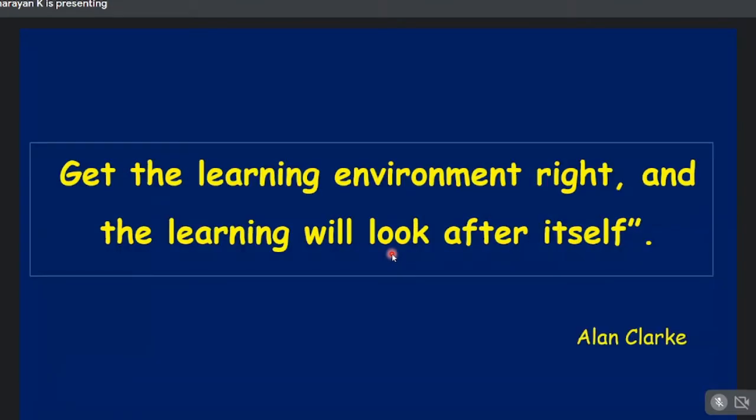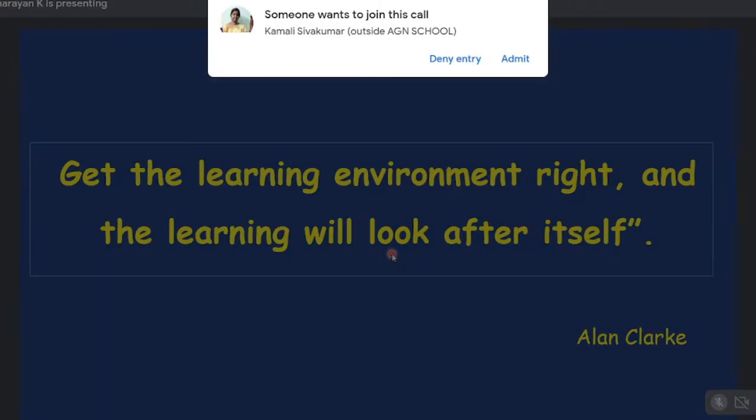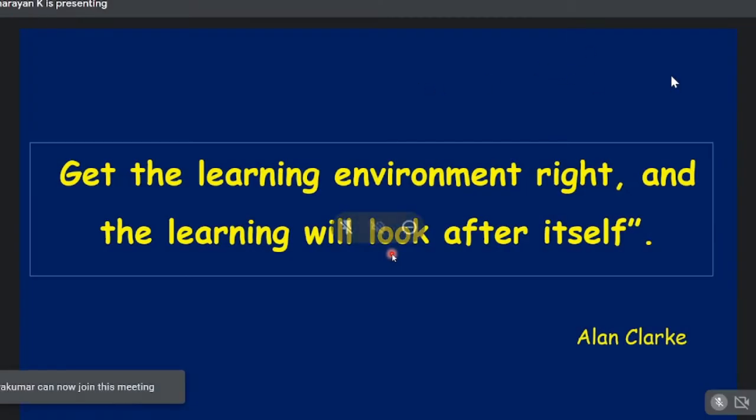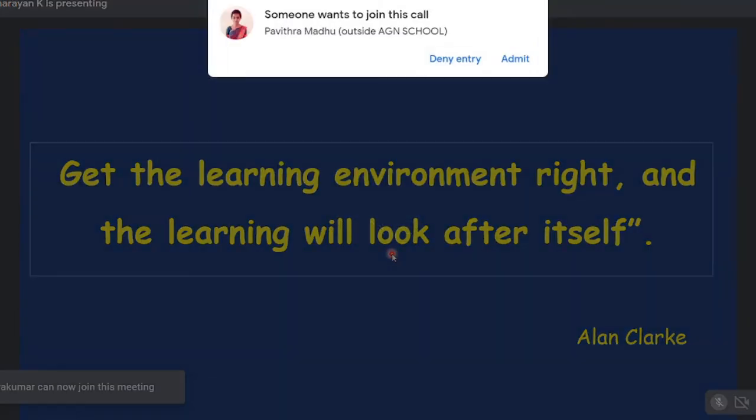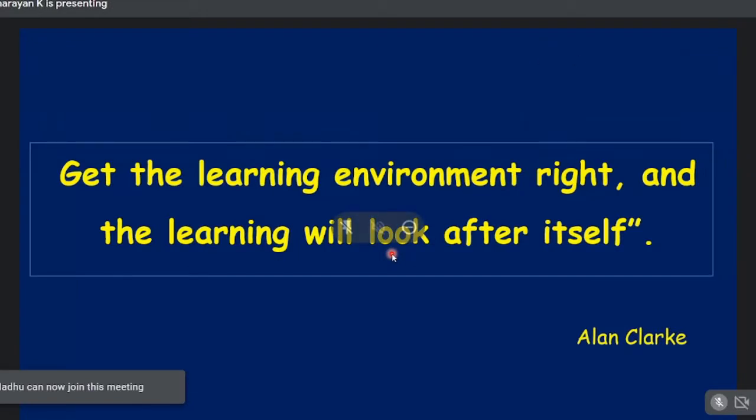Get the learning environment right, and the learning will look after itself. This was a quote taken from Alan Clark, which I think is so right. And yet it is the most ignored, least spoken about. And it is therefore important for us to understand the importance of the right optimum learning environment.